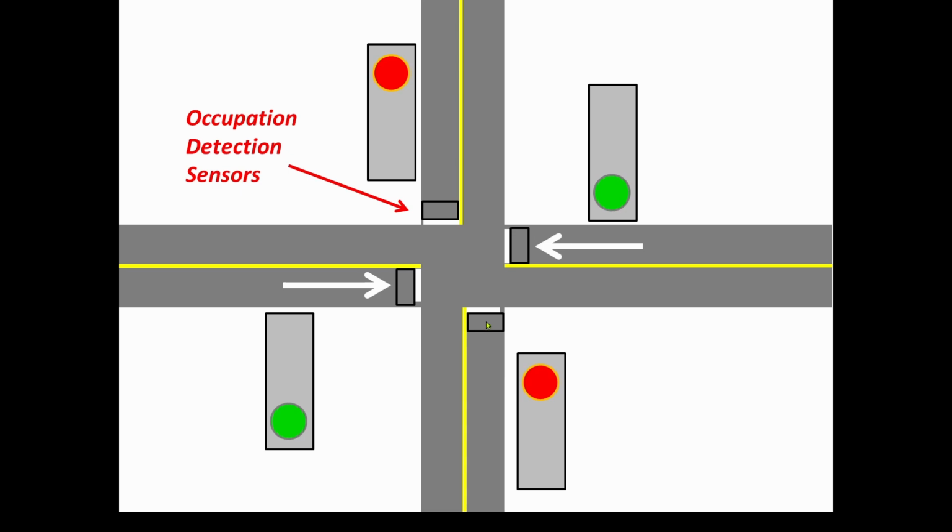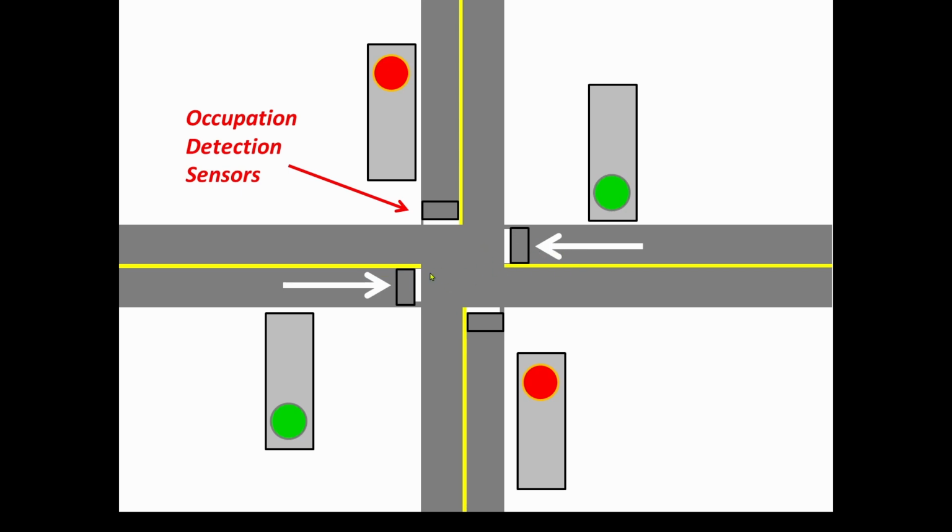Now, you can also imagine that they can be used not only to detect the presence of a vehicle at a stoplight, but also to measure how many vehicles are passing that detection sensor every minute, so that you can determine the rate of flow.